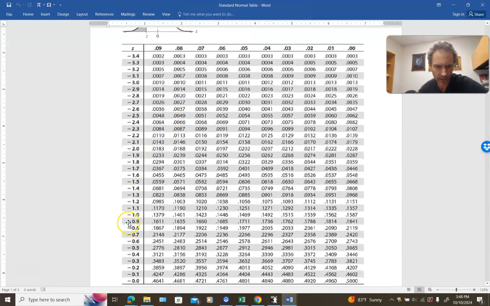So here's negative 0.9, and then to get that other 9, I look right here. And so it's in this column. So here's negative 0.9, and this is the column that has the 9 in the hundredths. So it would be 0.1611, which as a percentage is about 16.1%.